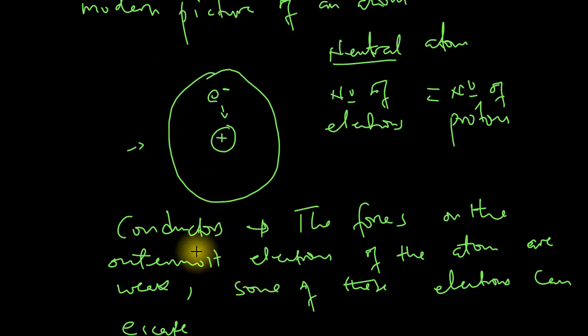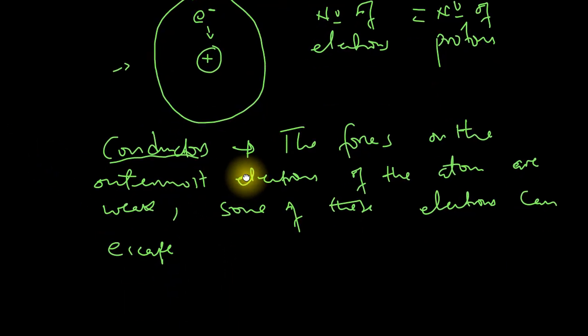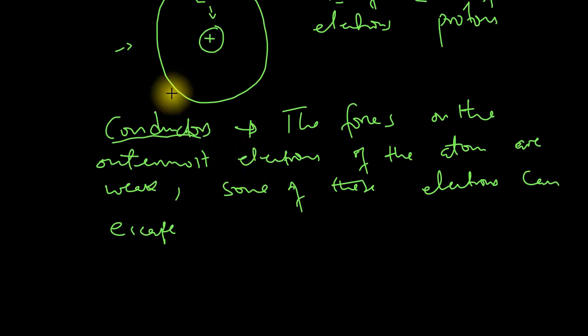So in a typical conductor, we have some fraction of the electrons that are not bound to the atom, and so these unbound electrons are free to travel throughout the material, and because they are able to travel throughout the material, that makes the material conduct.